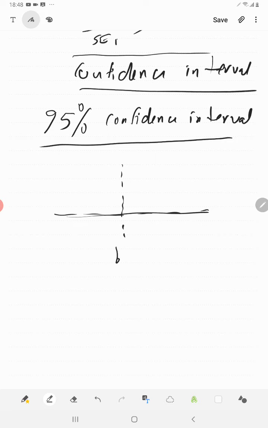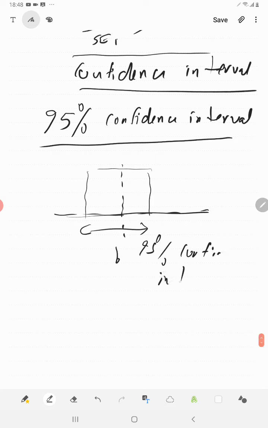Now, since we assume it is sort of a random variable, the one we calculated has a confidence interval. We call it the 95% confidence interval, okay? If it is, for example, 2, it could be 2 plus something, 2 minus something. There is an error, okay? So this is a confidence interval.